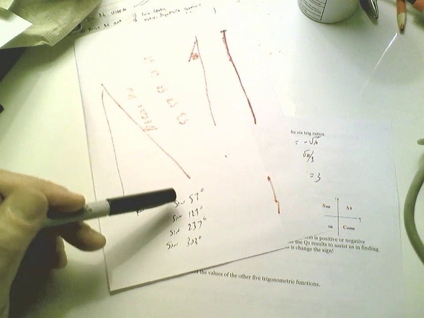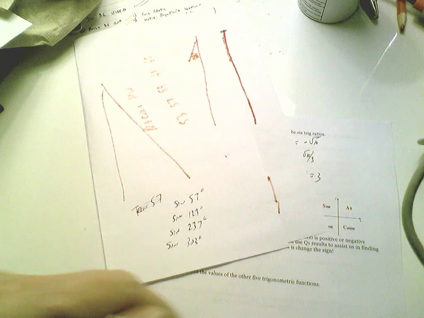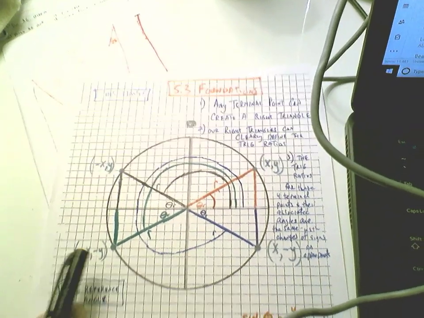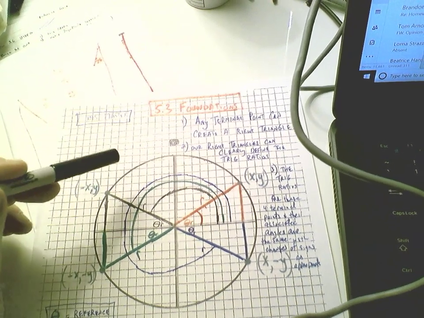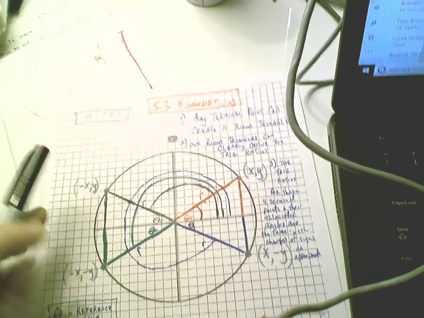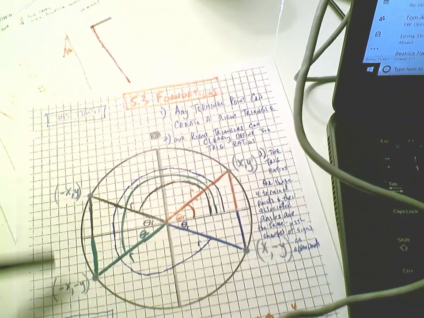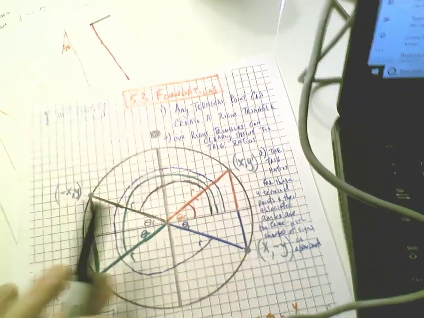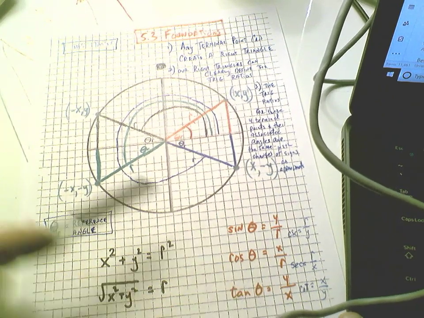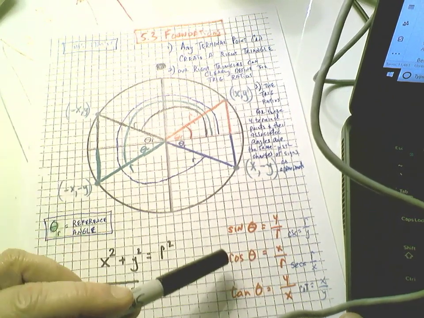I asked you to do these same calculations for the cosine function with those same angles, and you told me that you got negative answers with the 123 and the 237 degree angle. Why? Because the x coordinate for those two angles is negative. The cosine is the x coordinate divided by r. A negative x coordinate will produce a negative cosine.